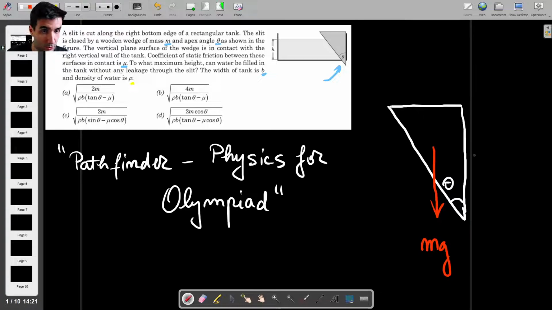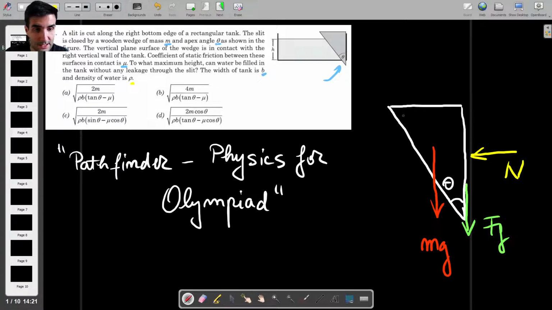Then we have a normal force, which is perpendicular to the wedge as well as to the right-hand wall. What actually keeps the wedge from moving besides the weight is the friction. The friction is acting downwards, and the friction as well as the weight are the two forces keeping the wedge from moving.